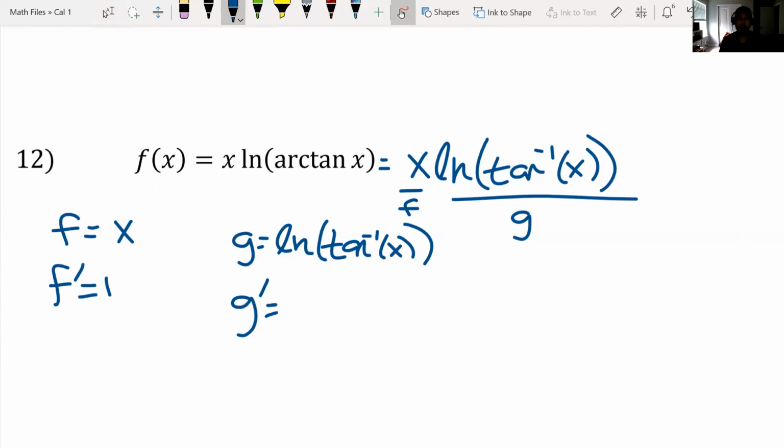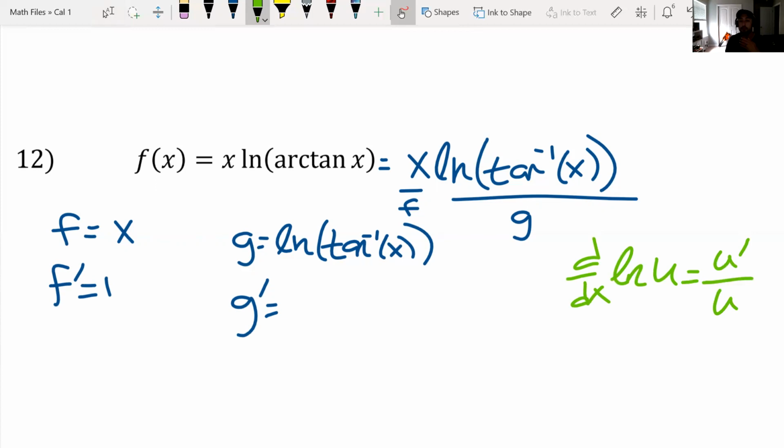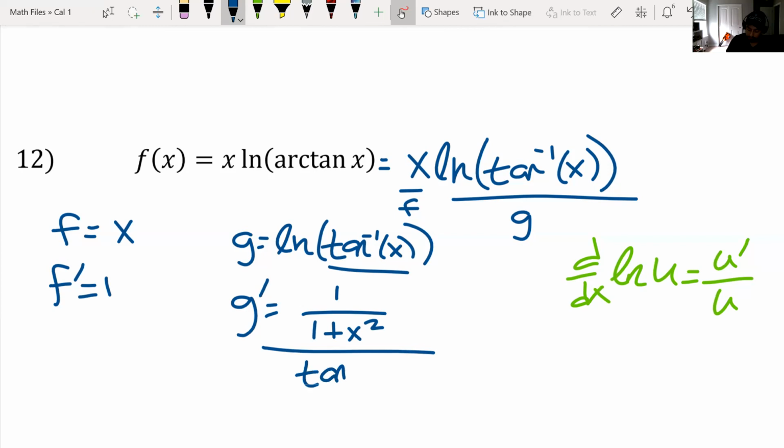G prime. This is going to use the chain rule for the natural log. Remember that d over dx of the natural log of u is u prime over u. Okay. So that means we want the derivative of the inside function, inverse tangent, which is 1 over 1 plus x squared, over the inside function of inverse tangent of x.